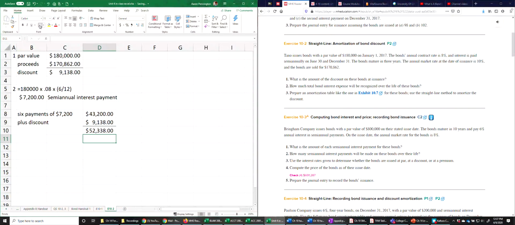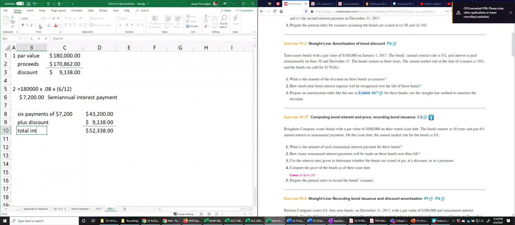All right, so total interest over the life of the bonds is our total interest expense, $52,338.